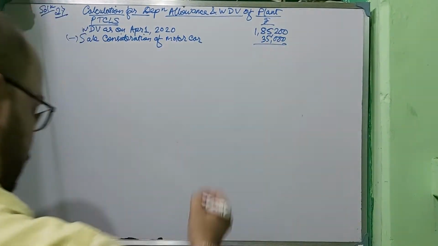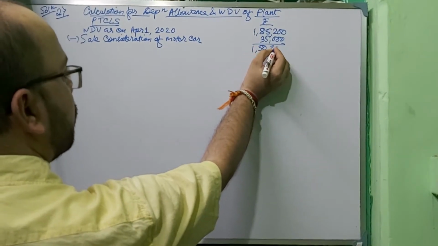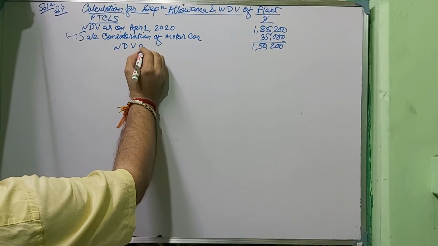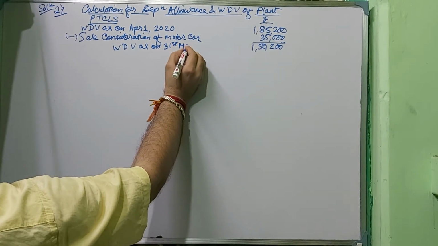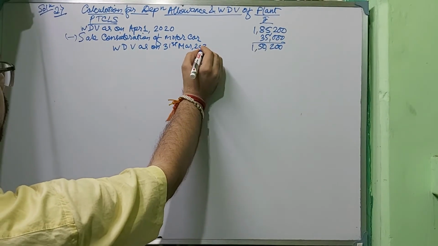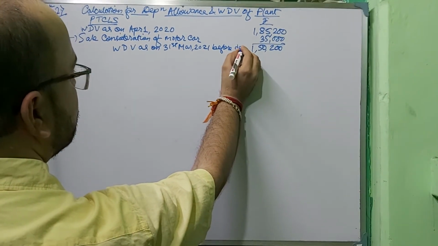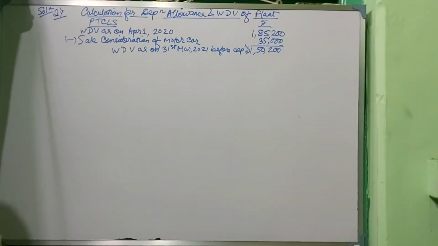To deduct that, it comes to 1,50,200, which is basically the WDV before depreciation as on 31st March 2021. I have done this with you in the previous term.